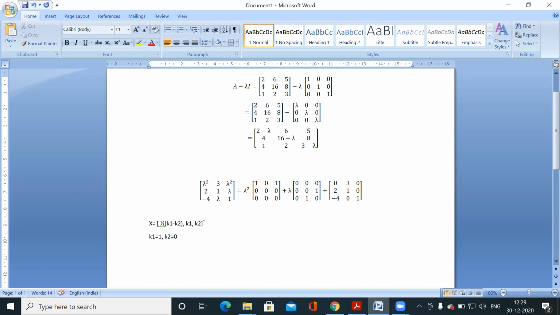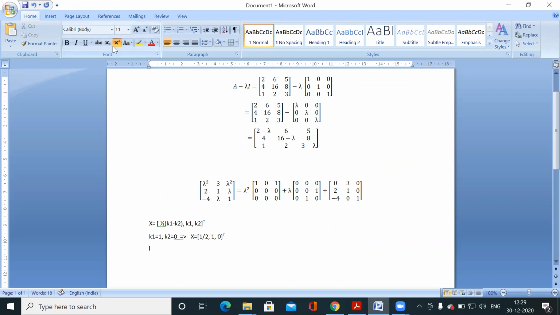What will you get? You will get x as: k1 is 1, k2 is 0, so k1 minus 0, so 1 by 2, comma k1 is 1, comma 0. So this is your first eigenvector. Clear?